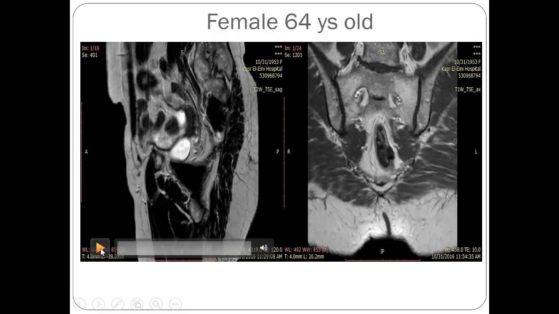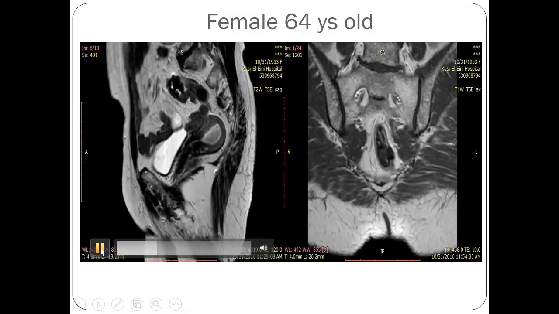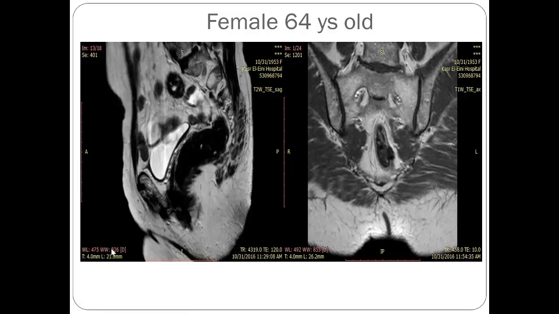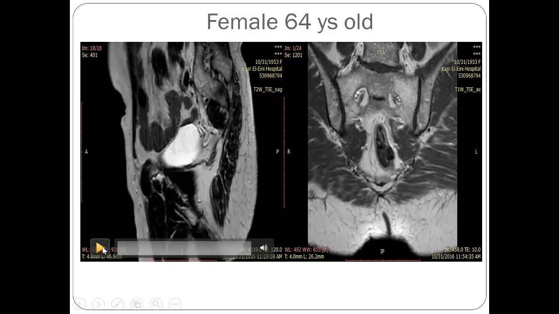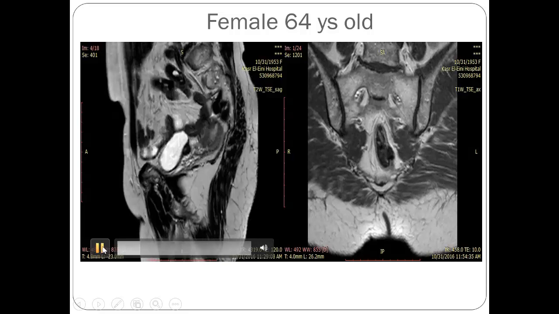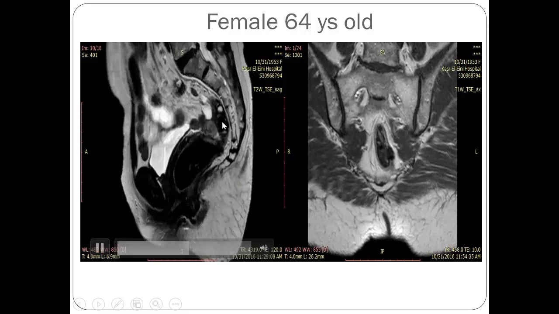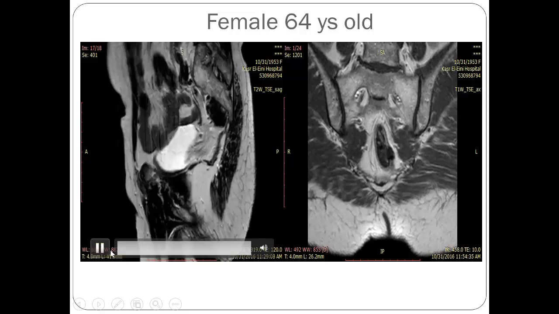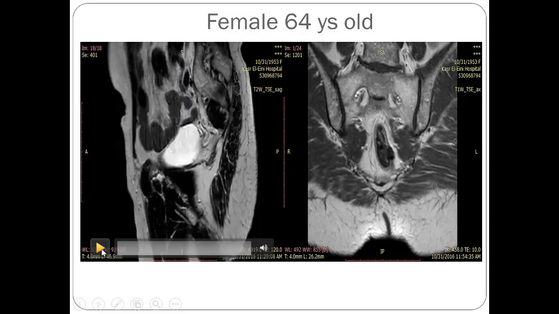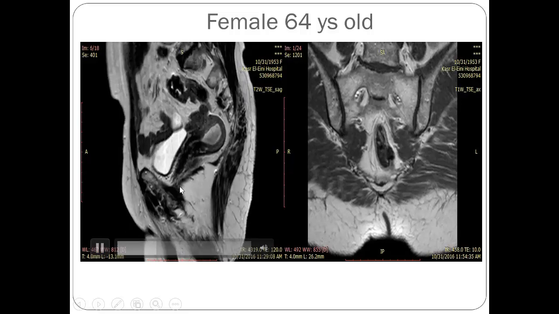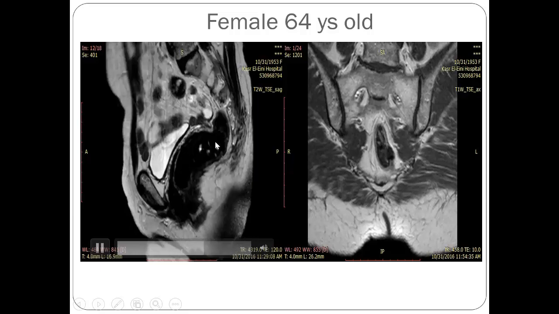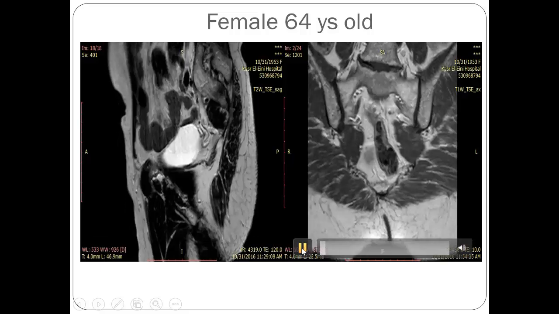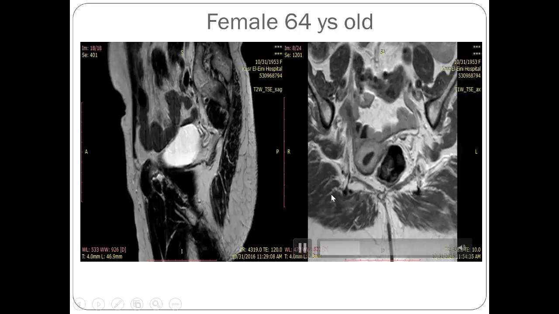64 years old female. Again, note here the hypoechoic, hypointense lesion. The uterus is retroverted, and there is a hypointense mass present inside.